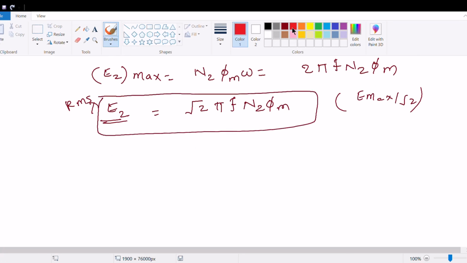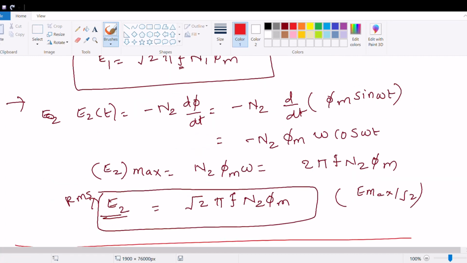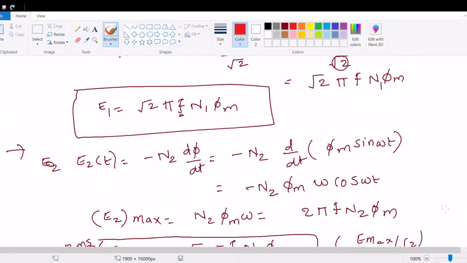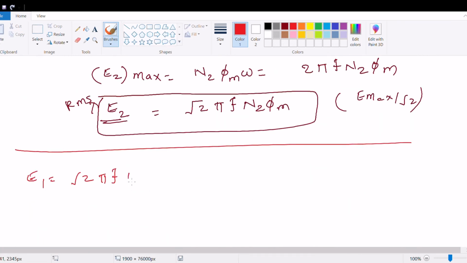Write E1 and E2 side by side. E1 is equal to root 2 pi f N1 phi m, and E2 is root 2 pi f N2 phi m.